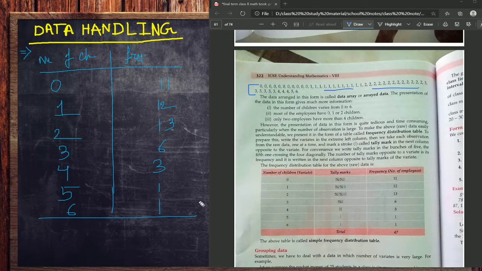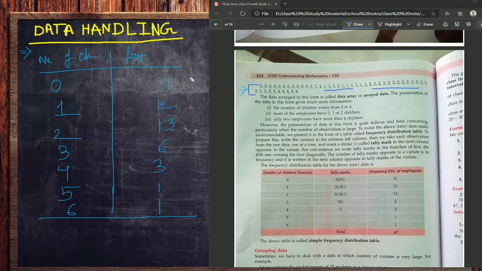So all we have right now is the arranged data. See, it is simpler than the given raw data. So obviously we are going to use this table. Okay. So why is this called frequency? Frequency comes from frequent. That is how frequently the number is coming in our table.